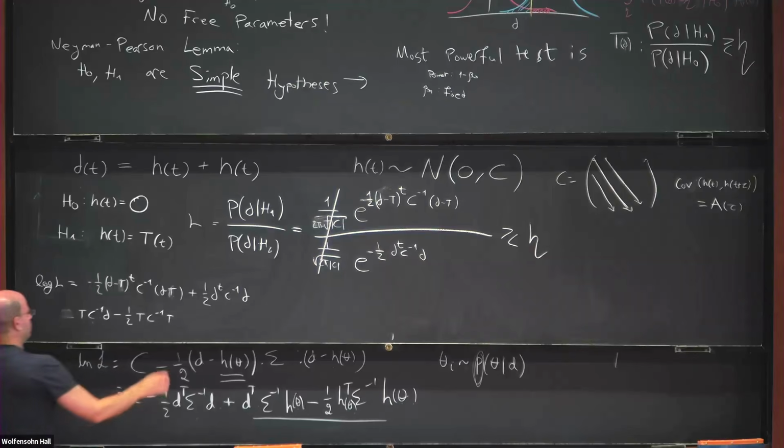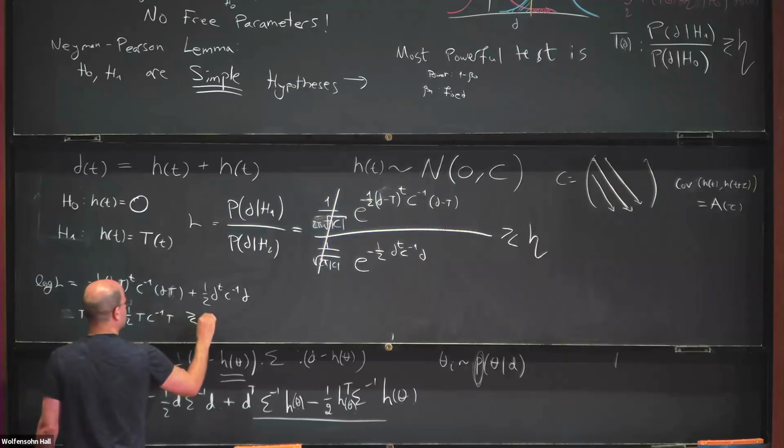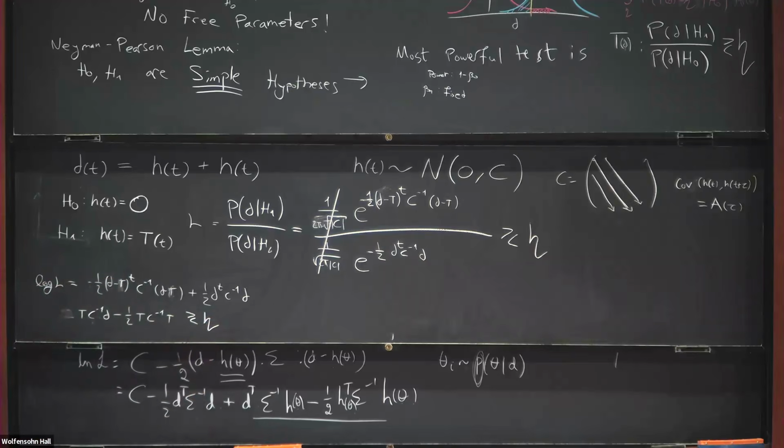And I remind you, we are going to equate this to eta, okay? Now, this is not the original eta, it's eta prime. I could say log eta, or I could just say, I haven't determined eta yet. What do you care what I call eta? Okay, so I'm going to compare this to some threshold. T is known, okay?